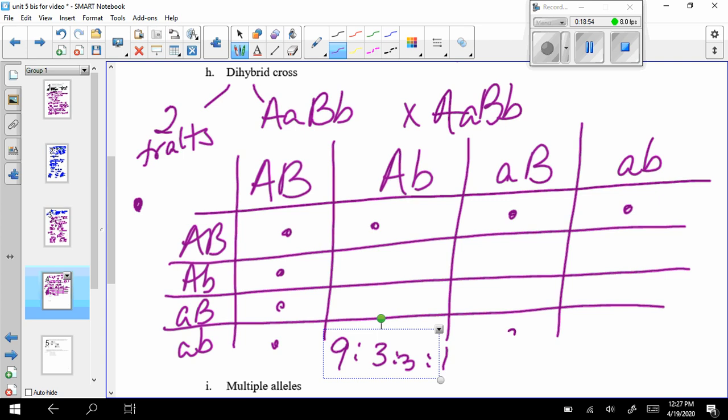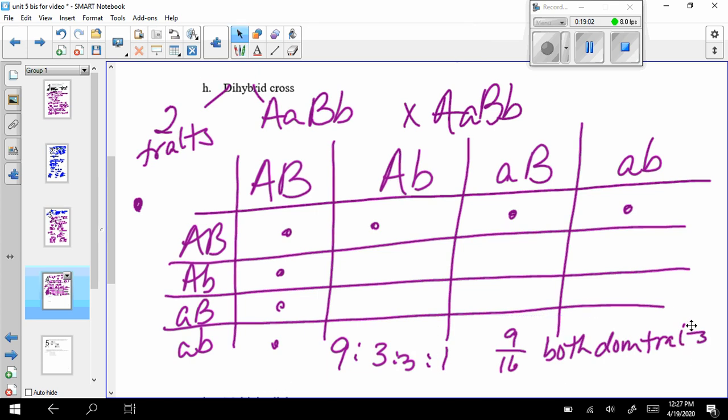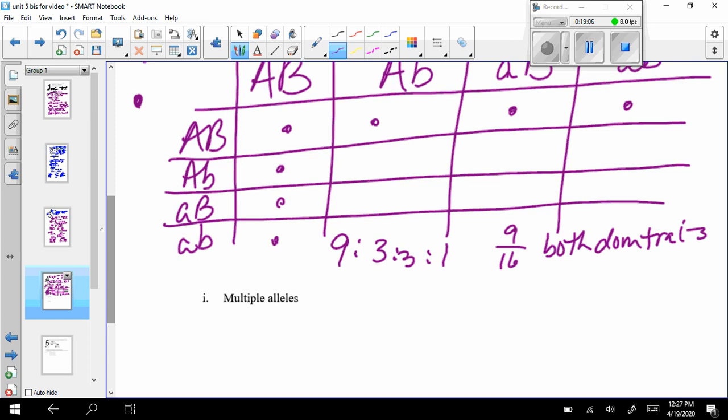What that means is that 9 out of 16 are going to have both dominant traits, and 3 out of 16 are going to have 1 dominant, 1 recessive. The other 3 will have the other dominant and the other recessive. And only 1 out of 16 is going to have both recessive traits.